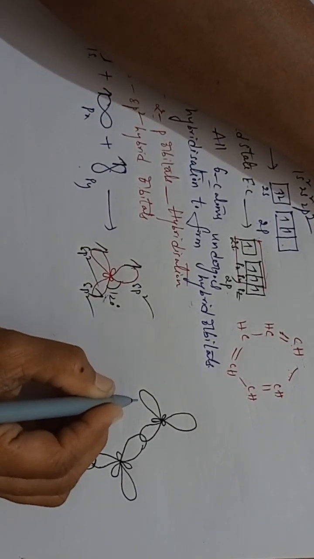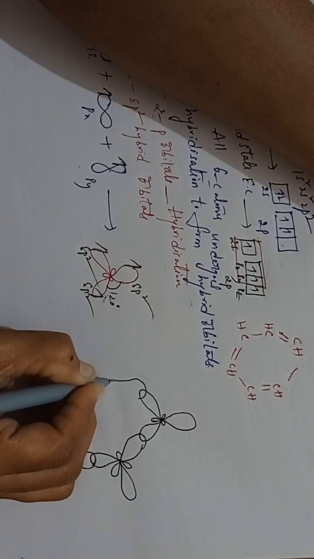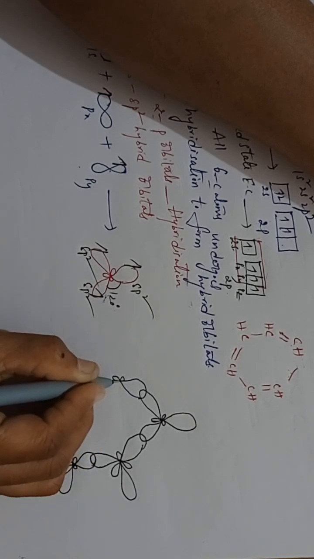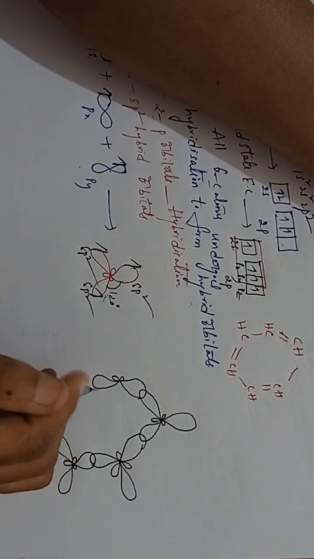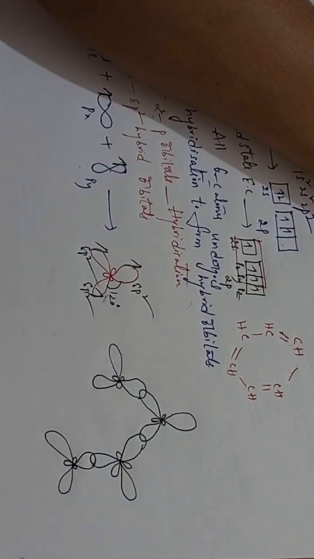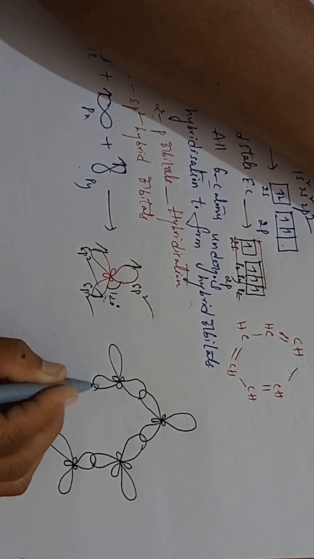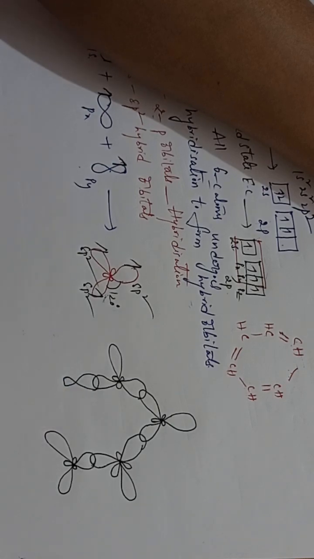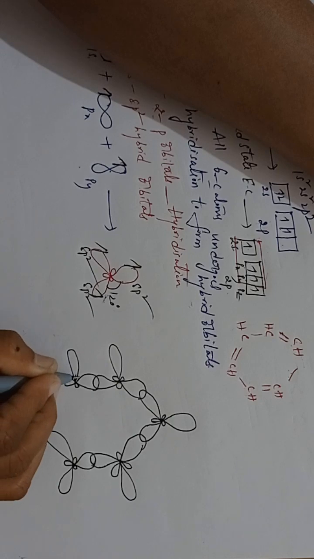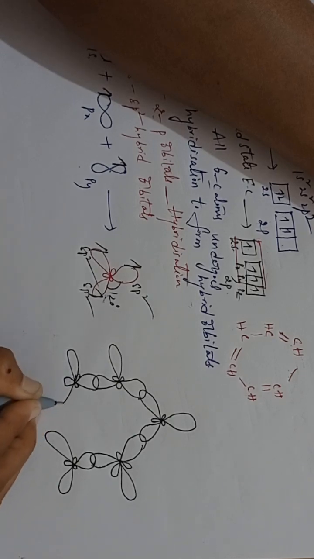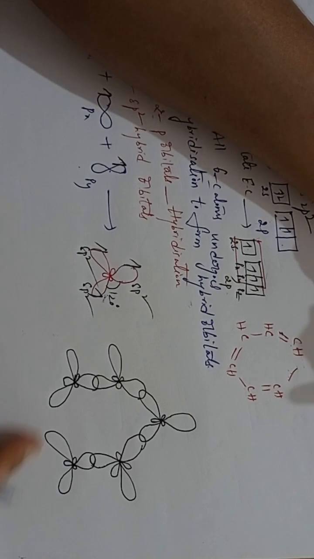Now the fourth carbon, fourth carbon, fifth carbon, like this. So total 1, 2, 3, 4, 5 carbons completed.